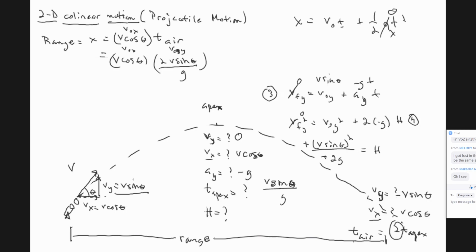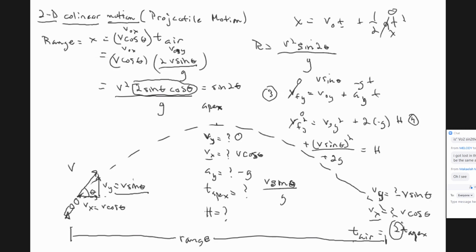So if we simplify it, you get v squared 2 sine theta cosine theta all over g. 2 sine theta cosine theta is what? Sine of 2 theta, right? The double angle formula. So in your textbook, range is written as v squared sine of 2 theta, the double angle formula, all over g.